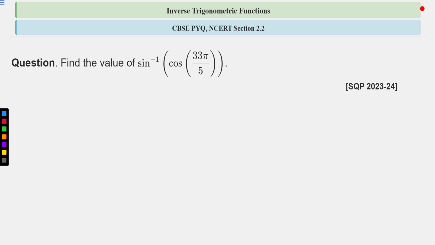The hint of this question is, first we will try to convert cos of 33 pi by 5 in terms of sine theta, then only we can write sine inverse sine theta is equal to theta. So how can we convert cos of 33 pi by 5 in terms of sine theta? That's what we have to see.